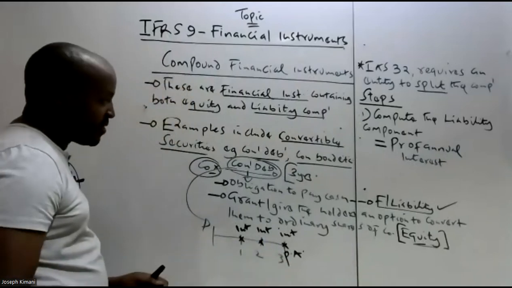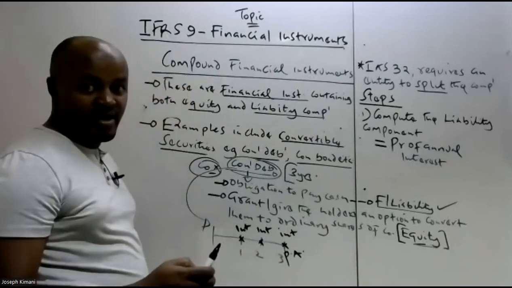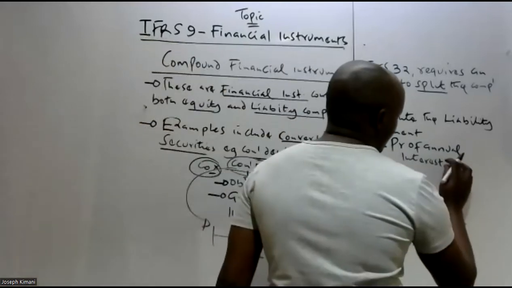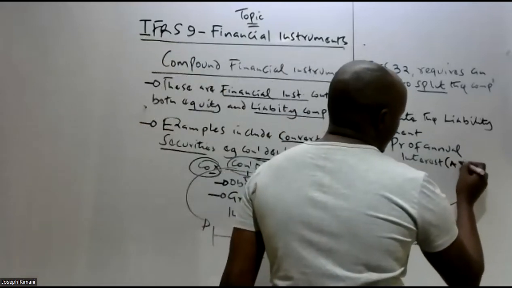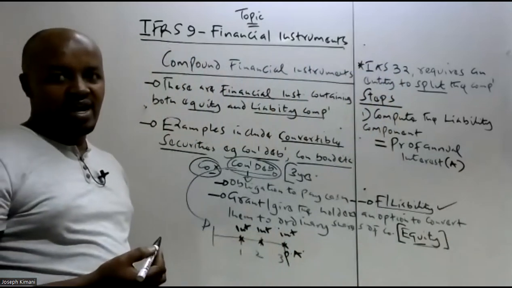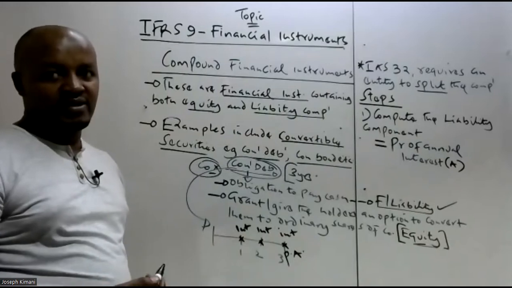And I also hope you know from financial management, from the topic of time value of money, that such interest which is payable annually is known as an annuity. Annuity is a series of payments.